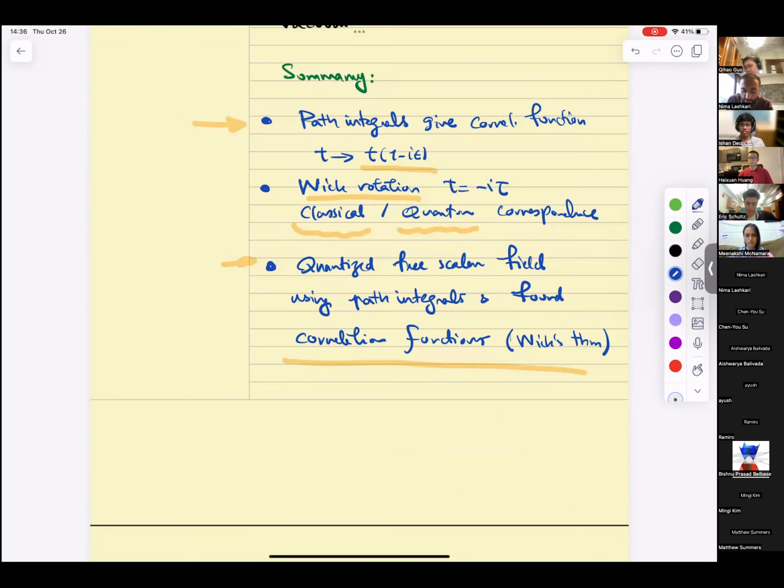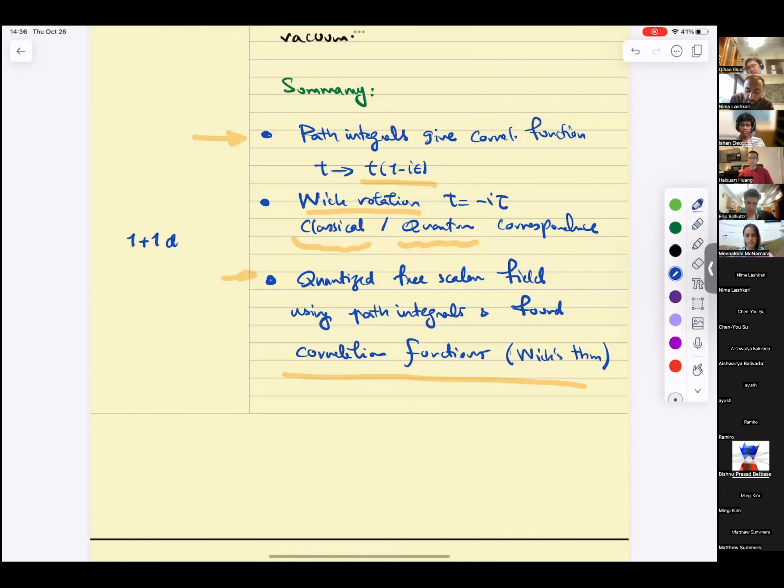If you have a 1+1 dimensional quantum field theory, what is the path integral that you would have to do? You would have to do a path integral in 1+1 dimensional space-time to get the vacuum.